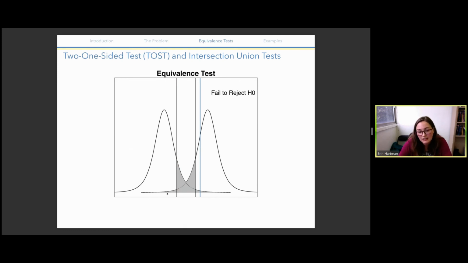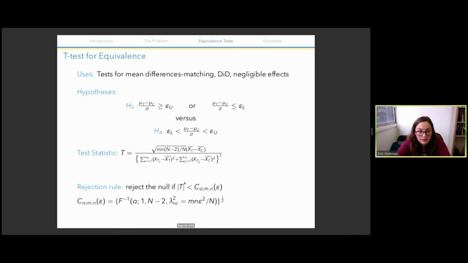If we see a difference that's outside of this range, then of course, our p-value on the lower test is very, very small, but our p-value on the upper test, which would be to the left of the blue bar here, is larger than alpha, and so we would fail to reject the null that there is a substantively significant difference.